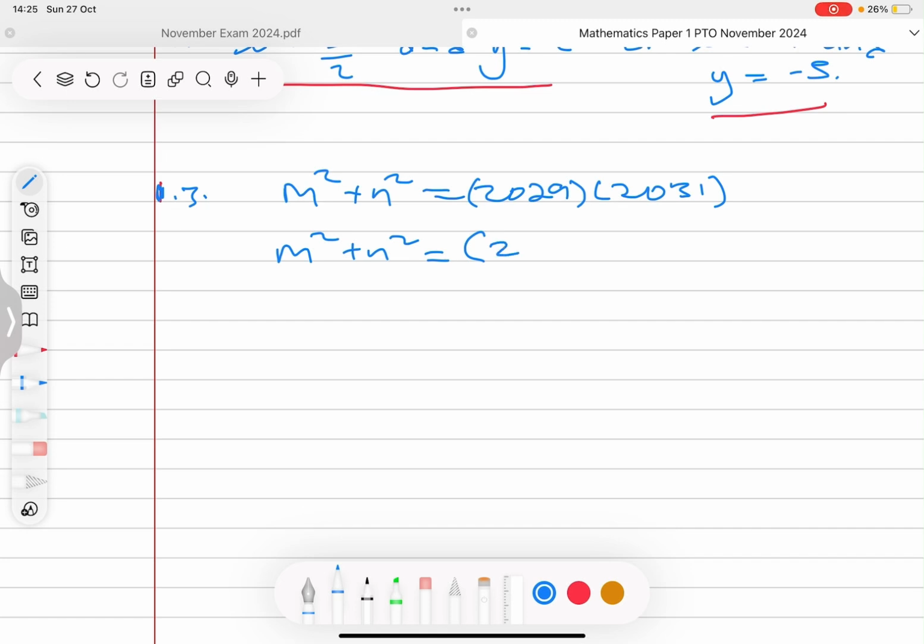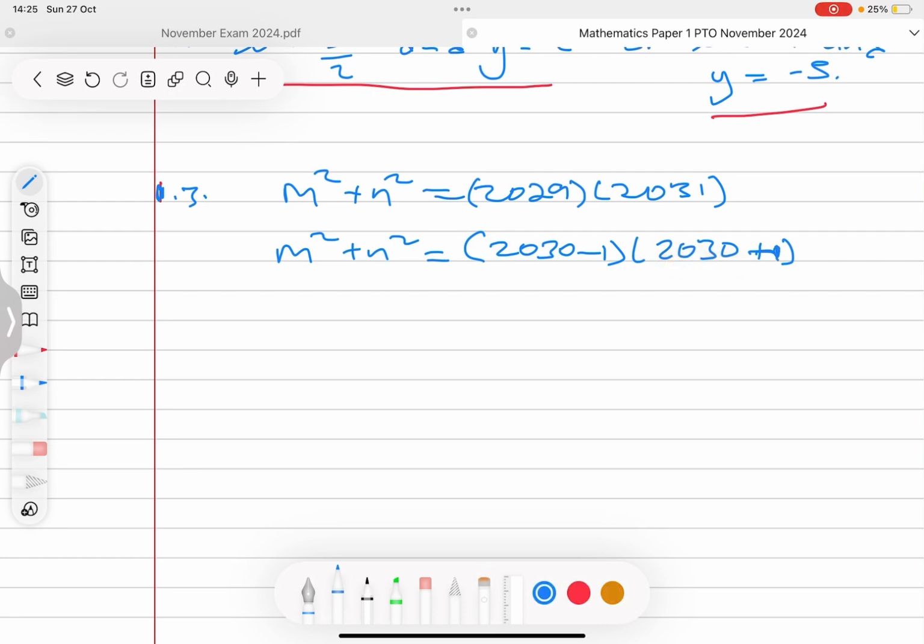So how about I write this as 2030 minus 1, because I know that 2030 minus 1 will give me 2029. But also here, I want to have this 2031. But to get there, it means I have to add 1, right?